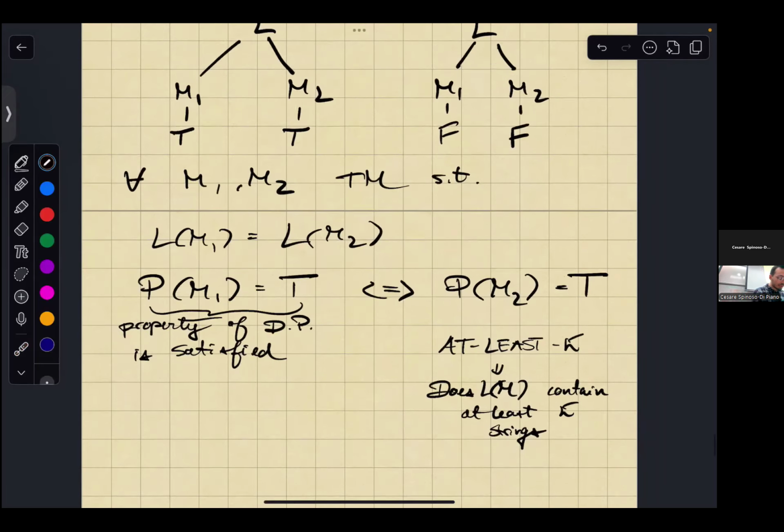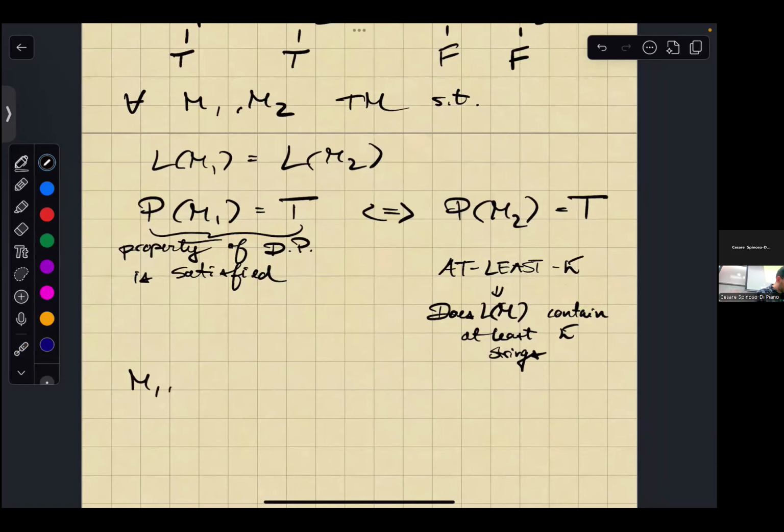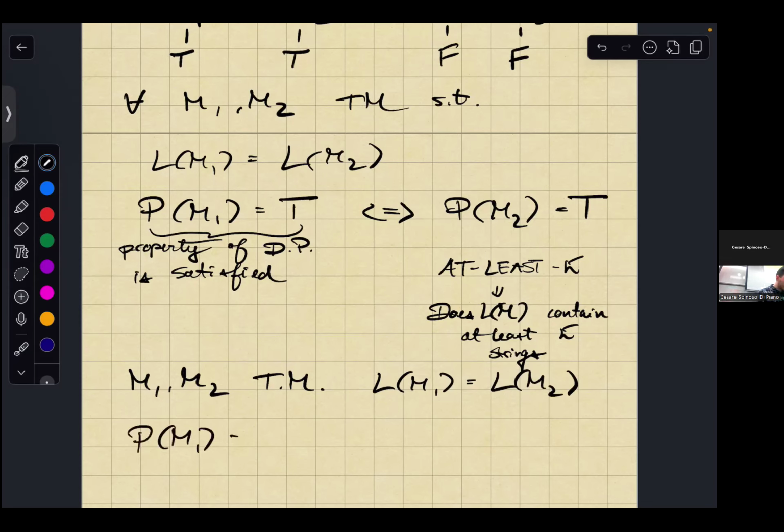So let's illustrate this a bit better. Suppose I have two Turing machines, M1 and M2. They're arbitrary Turing machines. The only thing I know about them is that they accept the same language. Now, suppose that M1 satisfies the property. Then what does this mean?